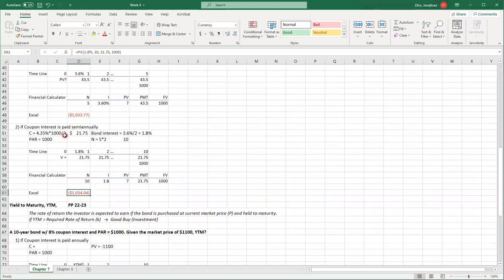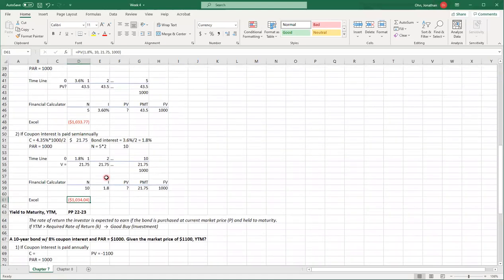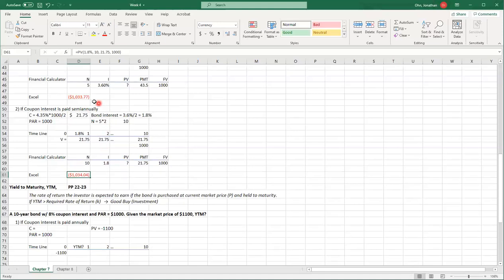Okay. Now we did one based on the annual coupon payment. The second one is the semi-annual coupon payment. If you look at the outcome, the semi-annual case gives you a slightly more expensive result, right? They are very close, but this one is a little bit higher.